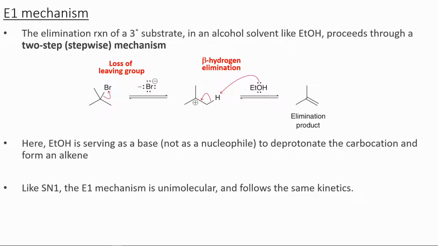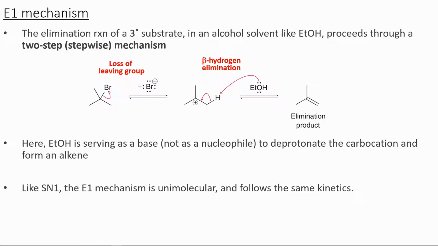We can also have an elimination reaction that undergoes a similar mechanism. Instead of a concerted elimination mechanism, where the leaving group leaves as the deprotonation step occurs simultaneously, we're going to have a two-step mechanism. First, we have loss of the leaving group, and then ethanol is going to deprotonate the beta hydrogen to form the elimination product.